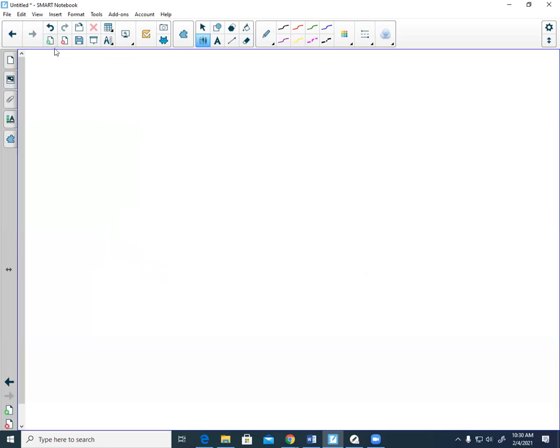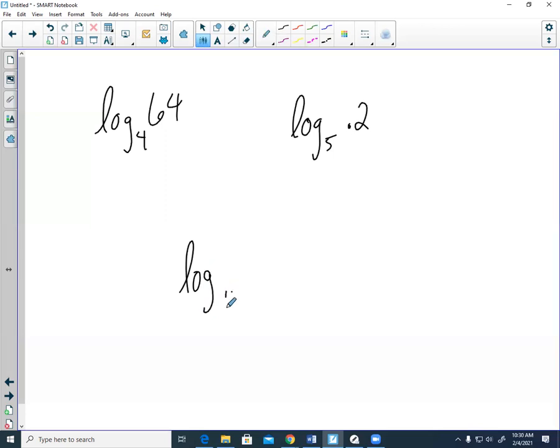So if I ask you to solve log base 4 of 64, if I ask you to solve log base 5, this one's tough, of 0.2, or if I say log base 1/5 of 125.